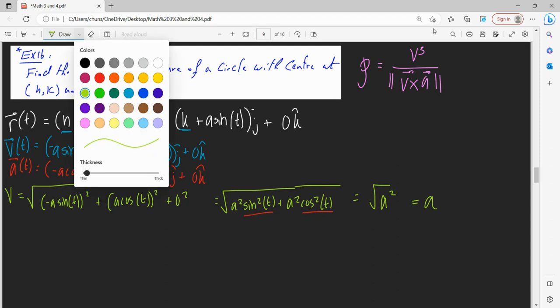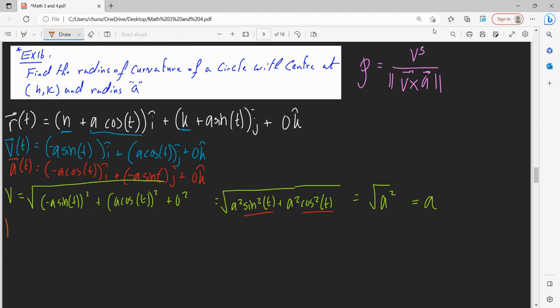Okay, next up, let's do our v cross a. So we have our velocity, negative a sine, a cos, 0, and 0 over here, and then we have negative a cos, negative a sine. So we're only going to have a k component, so we can say these are 0 because we have a row of zeros here.